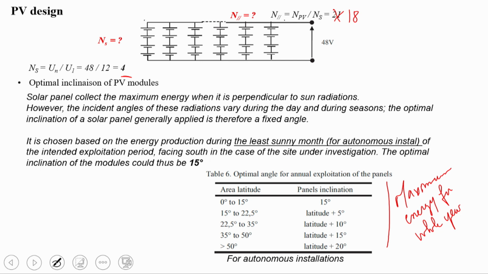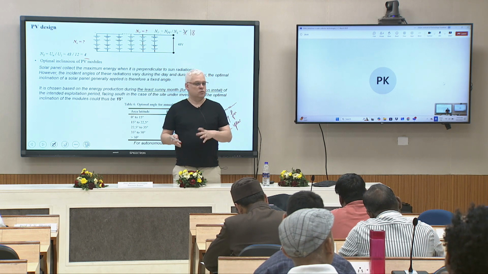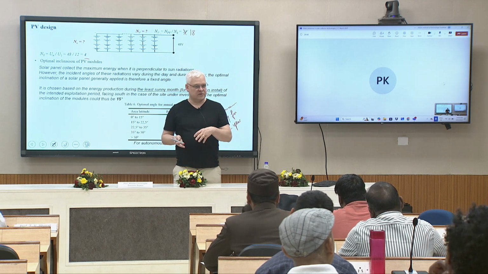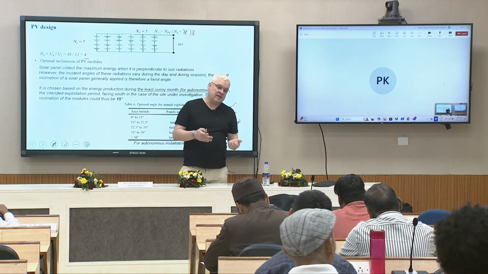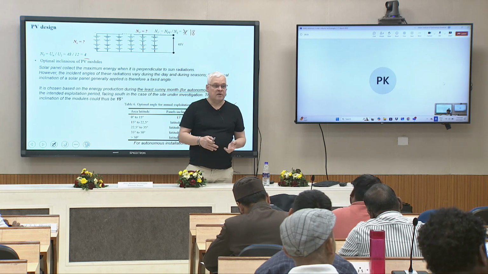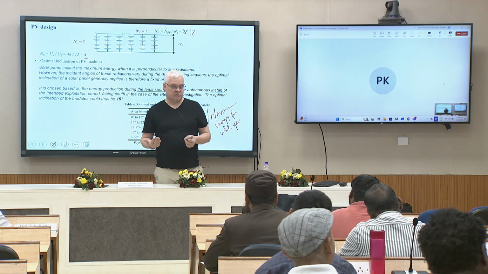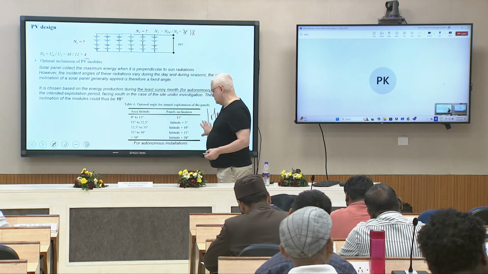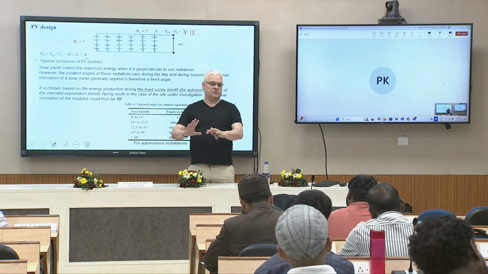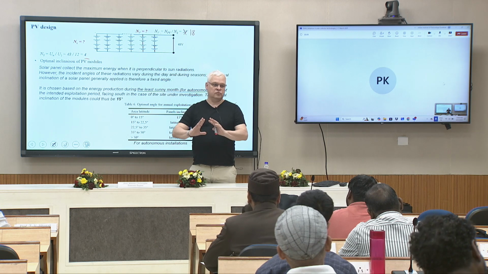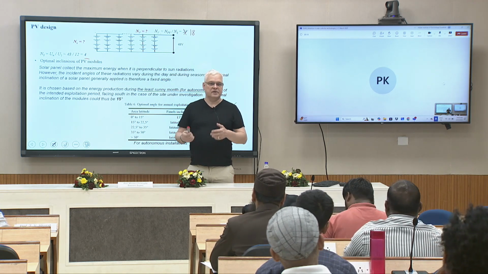It seems obvious, but in some cases we would like more production of energy during winter, when we need a lot of energy, than in summer, when we produce a lot of energy but sometimes don't need it. So this remark is important for maximum production of energy because it is an autonomous plant. If it was grid connected, it could have been different.